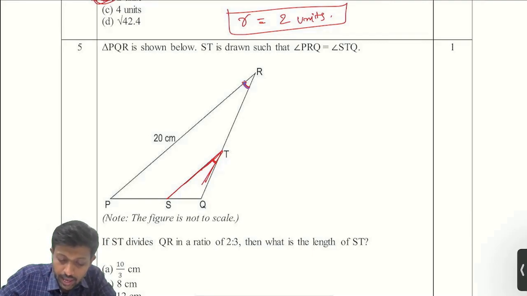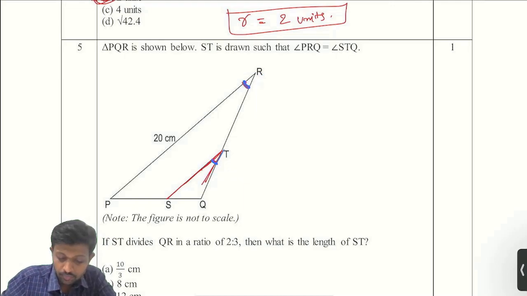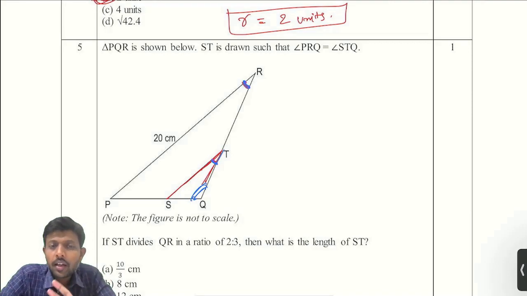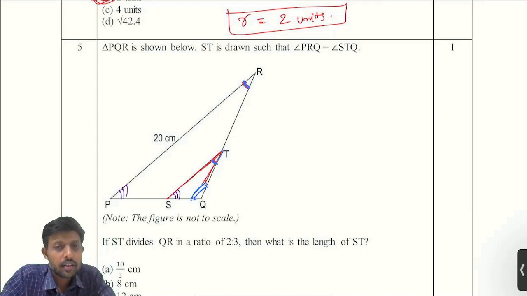So if this angle and this angle is same, we can see that this angle is common to both the triangles PQR and QST. If two angles are the same in two triangles, the third angle will also be the same. So the third angle, that means this angle, will be equal to this angle.